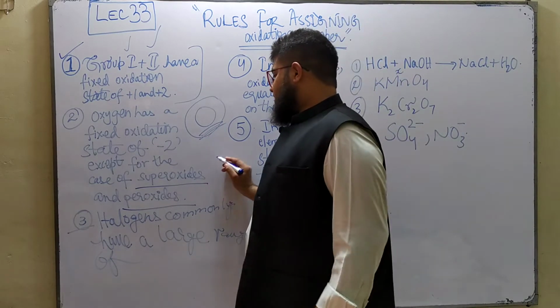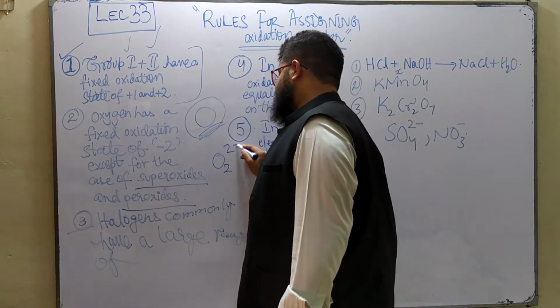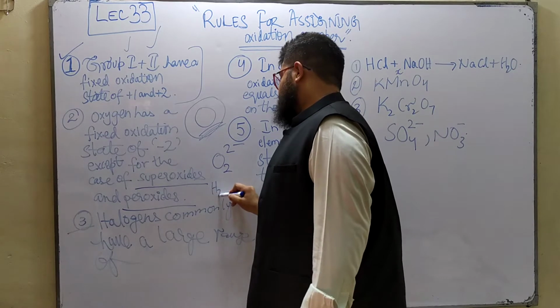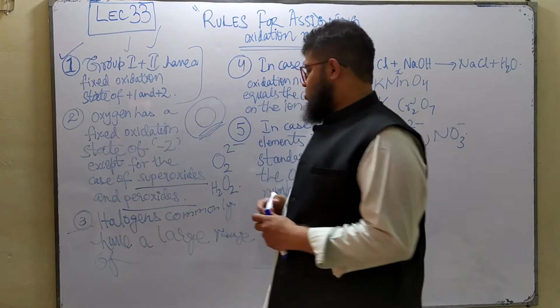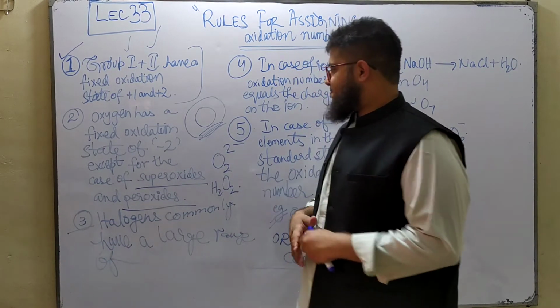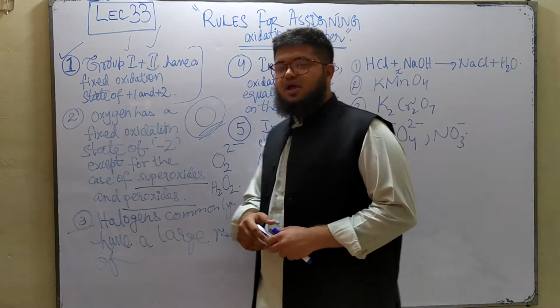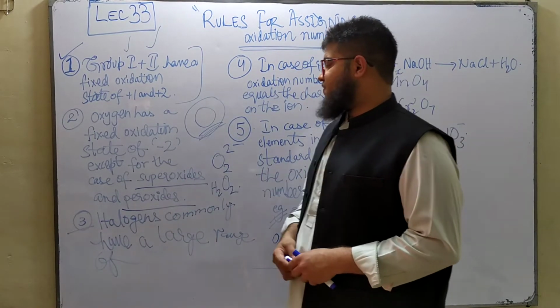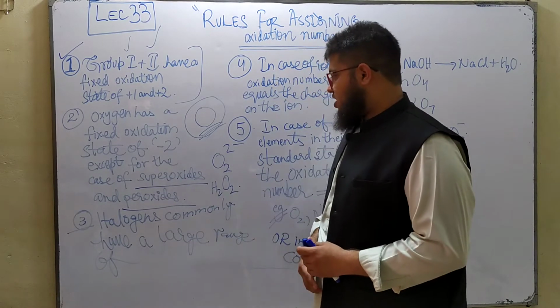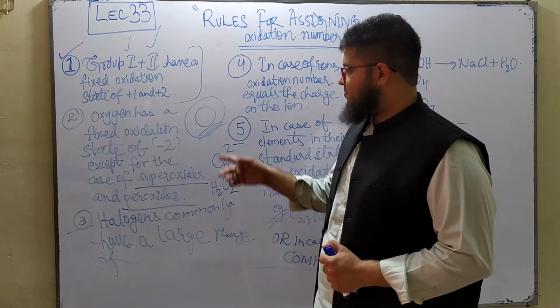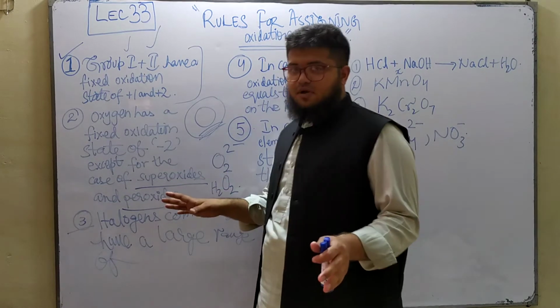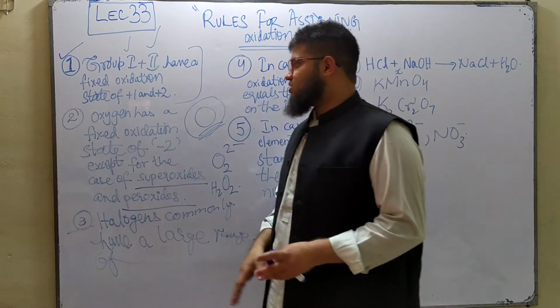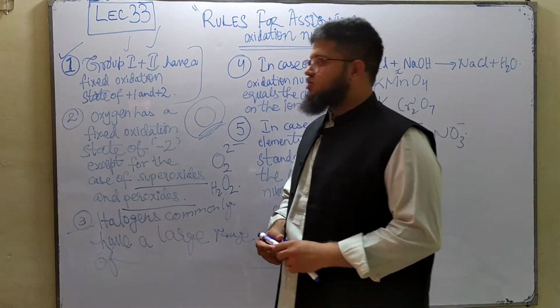Superoxide means O2 -, and peroxide means H2O2. So only in these cases the oxidation numbers of oxygen are going to be different, whereas in all the other places, oxygen will have an oxidation state of -2.